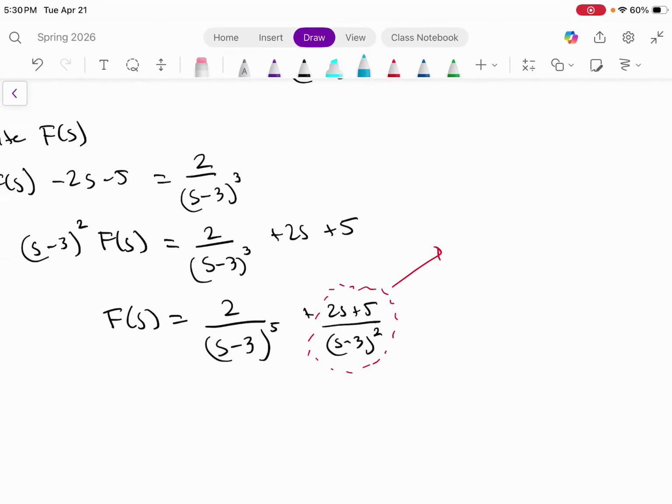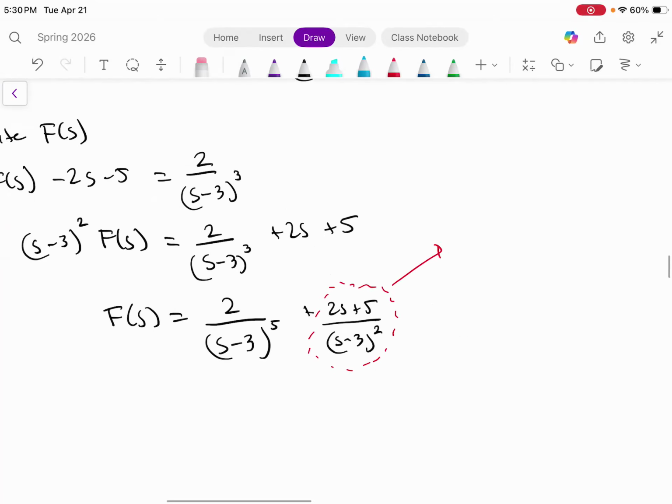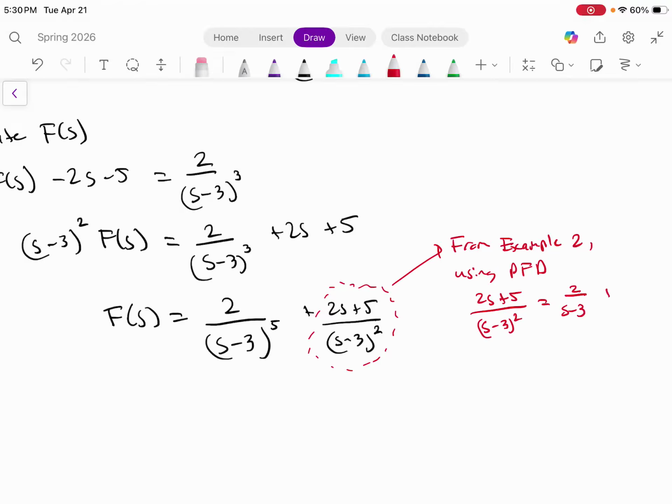From example 2 in this 7.3 lecture series, using partial fraction decomposition, we found that it is 2 over s minus 3 plus 11 over s minus 3 squared.